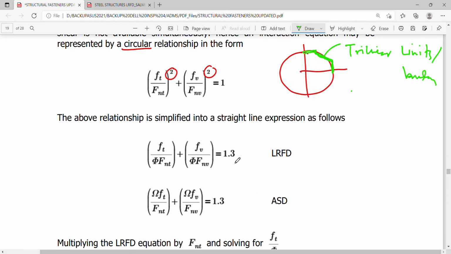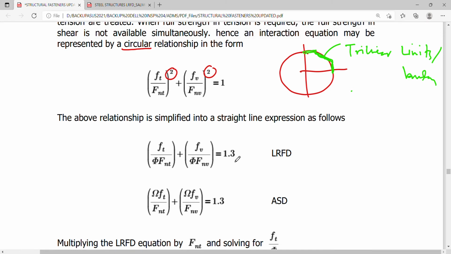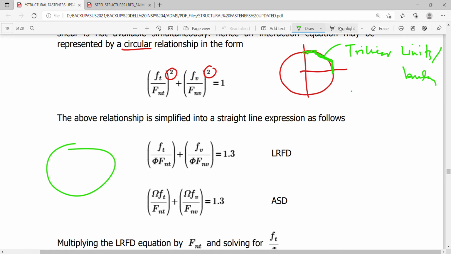So the 0.3 there is simply to add to the intercept.